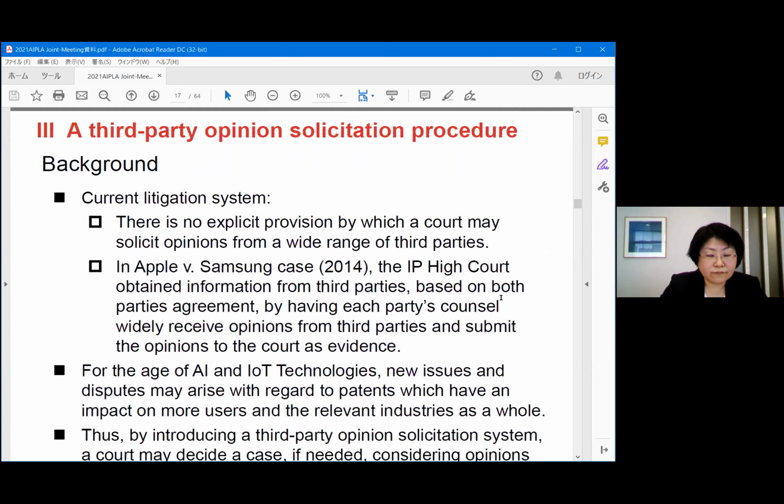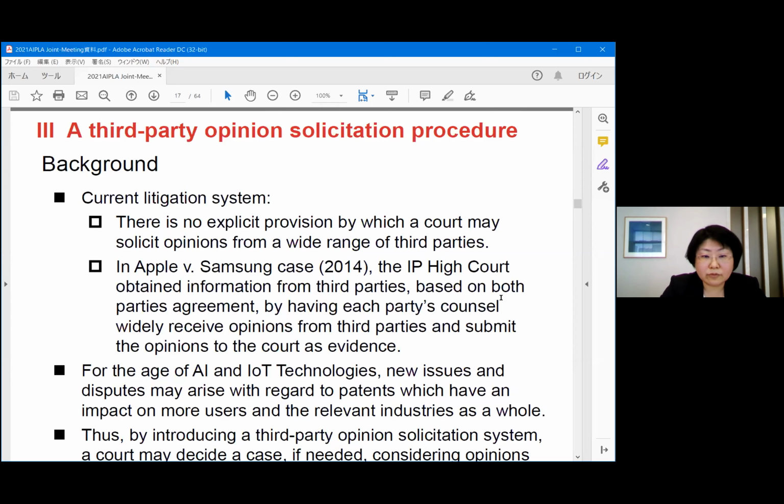I will first explain the background. Under the current litigation system, there is no explicit provision by which a court may solicit opinions from a wide range of third parties. But under the current system, in one case, the Grand Panel of the IP High Court actually obtained an opinion from a third party based on the agreement of both parties.